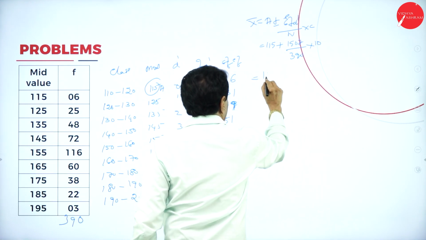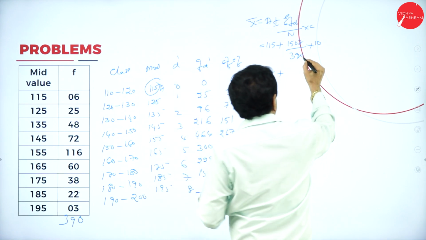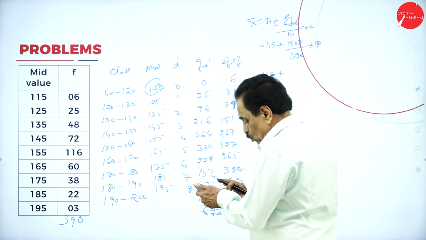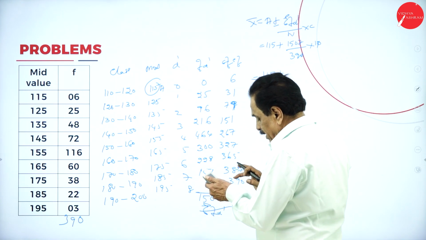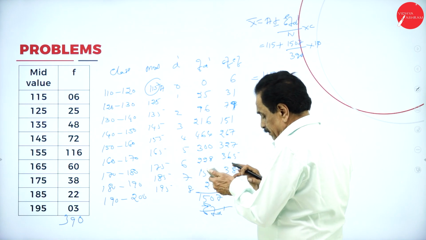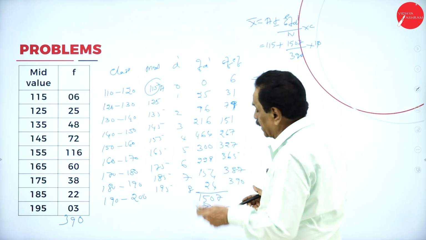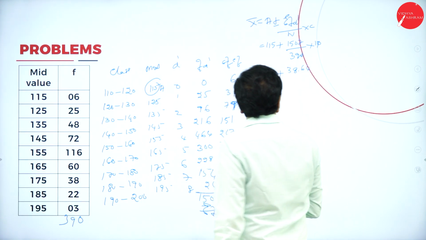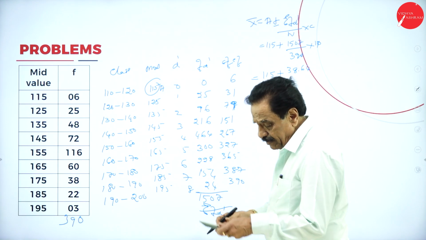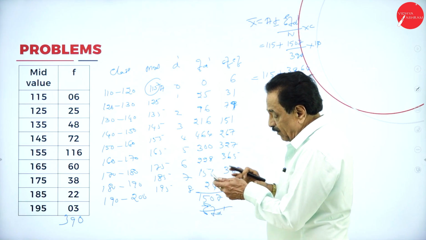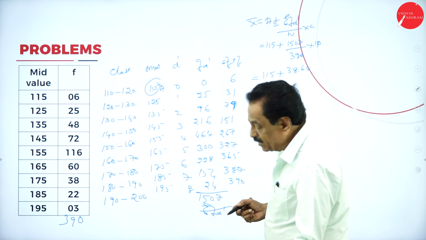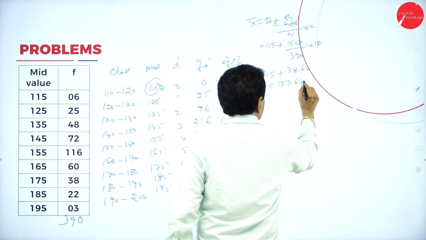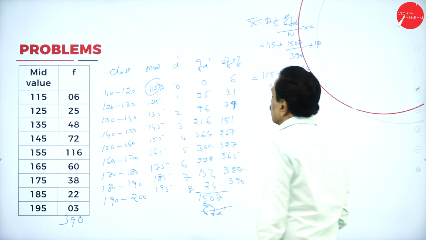Simplify this: cancel the 0. 1507 divided by 39 is 38.64. Add 115 plus 38.64 is equal to 153.64. This becomes the mean.